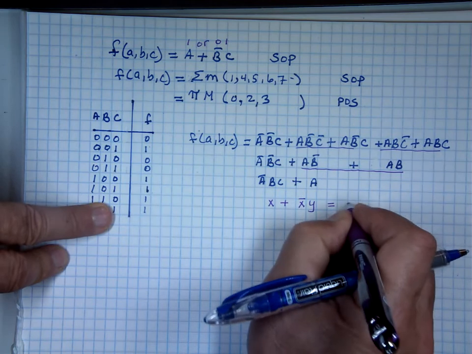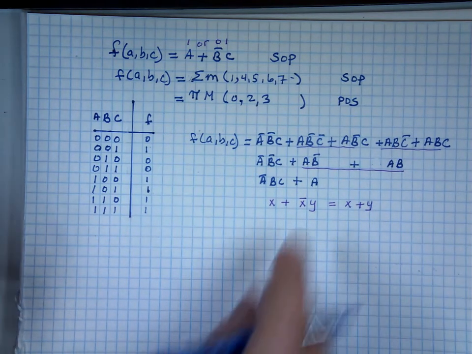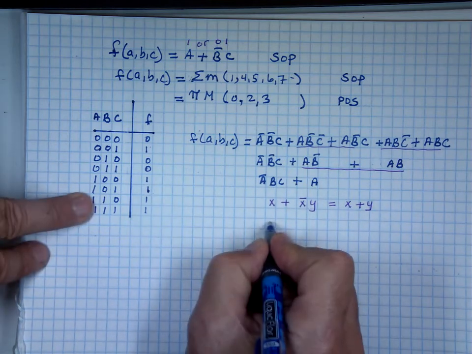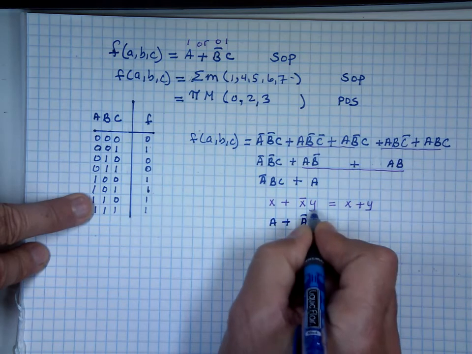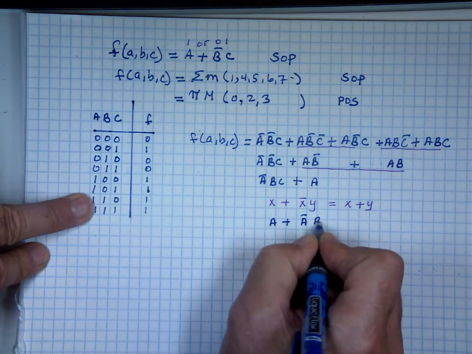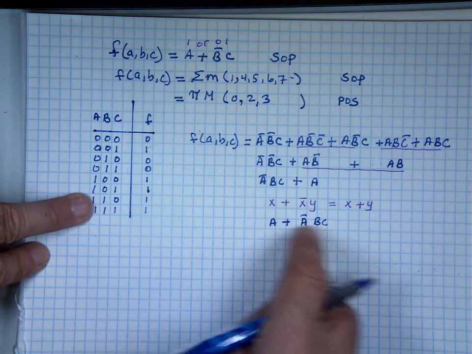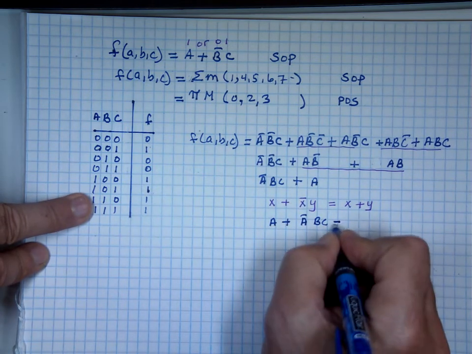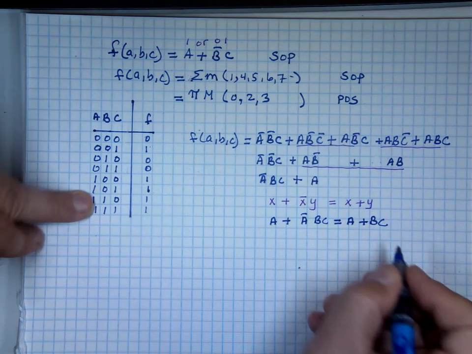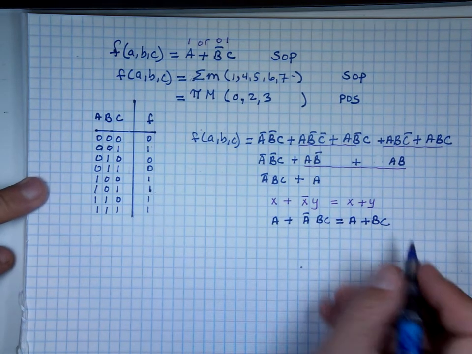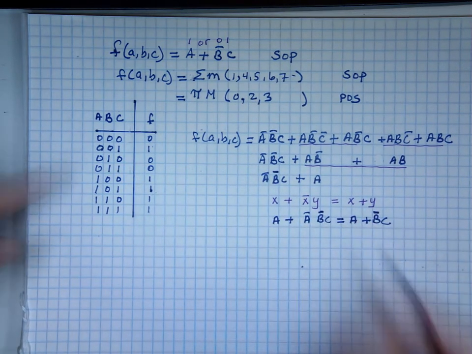X plus Y. That's one of the rules. So when you look at them, this is A, that's your X, plus A bar, and Y is really BC. So X plus X bar Y, I should be able to write that as A plus BC. Is there a bar missing somewhere? Yes, I forgot the bar here. So it should be A plus B bar C.